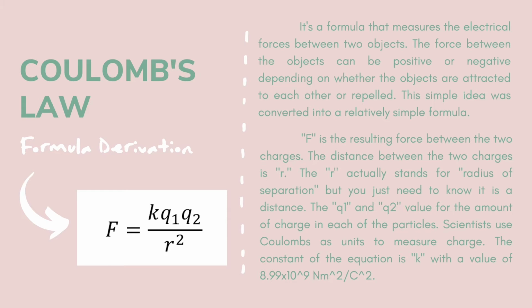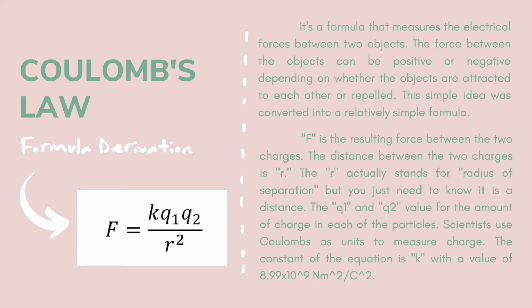So this simple idea will then be converted into a relatively simple formula, which is F equals constant of Coulomb times Q1 times Q2 over radius of separation squared. So this simple formula will help us know the force between them.